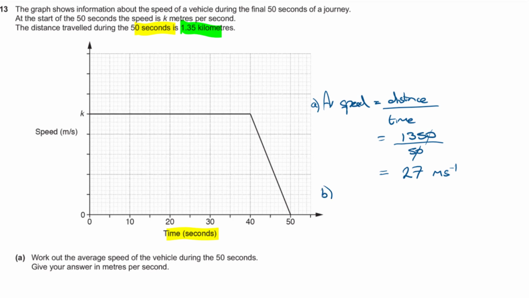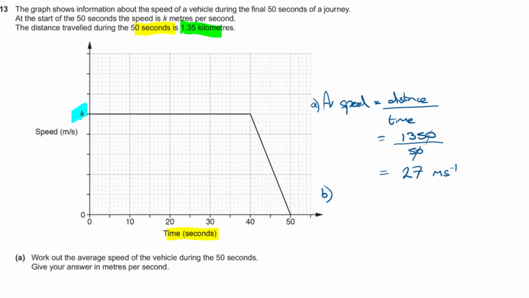And for the second part of the question, we need to find out what the value of k is, which is this speed up here, isn't it? This is k. So we need to find that value there. Okay, how might we do that? Well, we know that the total distance travelled is 1.35 kilometers, or 1,350 meters.